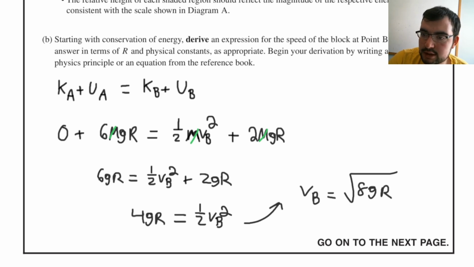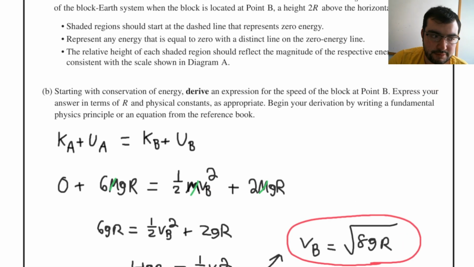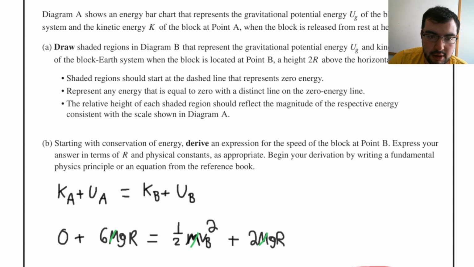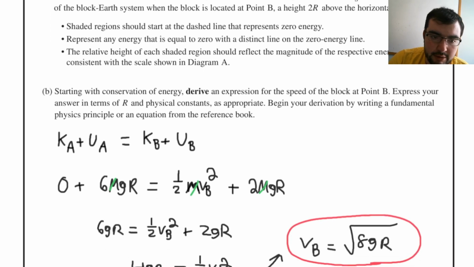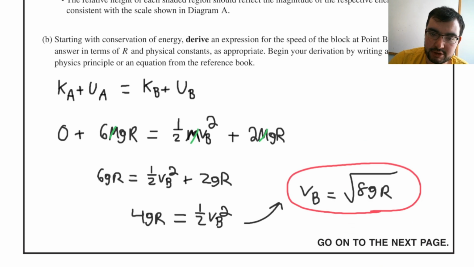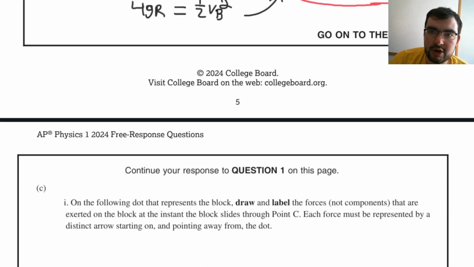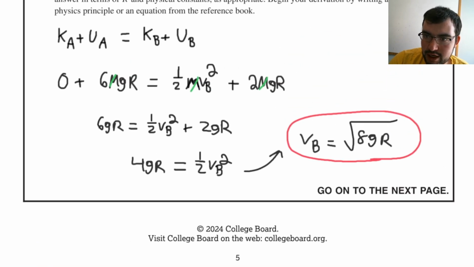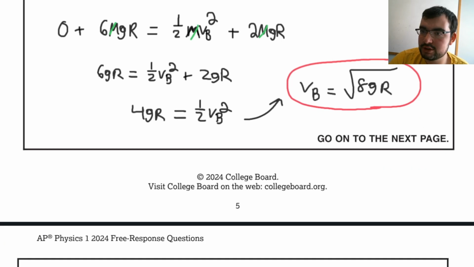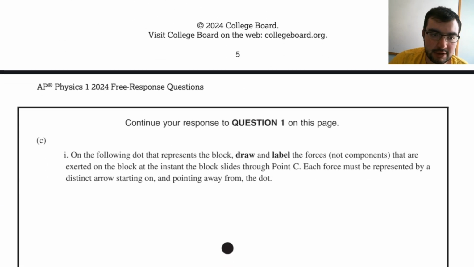Very standard calculation there. So again, we just set the energies equal. We know the height was 6r at the start and 2r at the end, so that's why we have GPE both times, and then we just do some algebra. You could also just do the shortcut that it's 2 times g times the change in height, so square root 2gh, but h is 4r in this case.